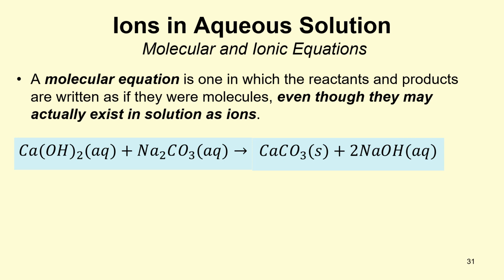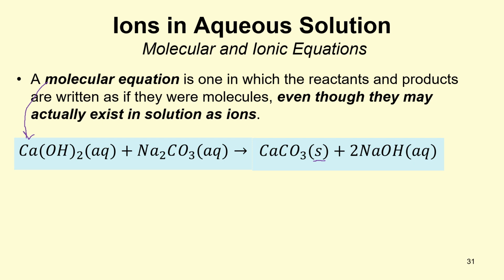Here, anything with sodium is aqueous. Carbonates are not soluble, and calcium's not an exception, so that's why that's considered insoluble. And then anything with sodium, again, is soluble, so that's why we have aqueous. So this is one way to represent it, and this is called the molecular equation. Everything's still written as molecules, but you just have which phase, if they're soluble or insoluble, written next to it.